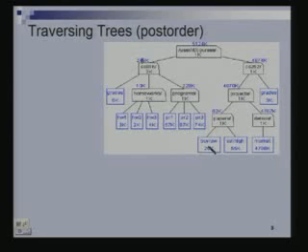Now suppose I want to compute the total space occupied by this file system, let's say this entire directory. Now what would I do? Well, I would compute the total space occupied by this subdirectory. I would compute the total space occupied by this subdirectory, and then I would add these two up at this node to obtain the total space required here.